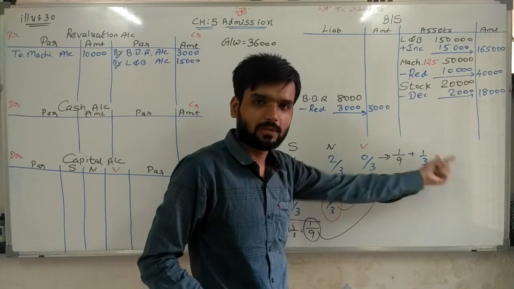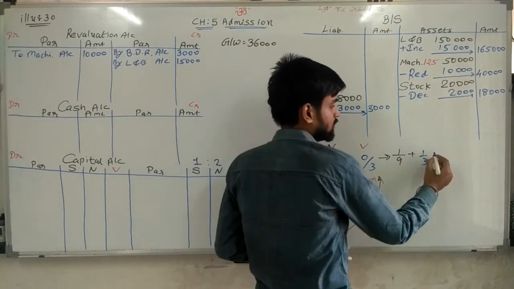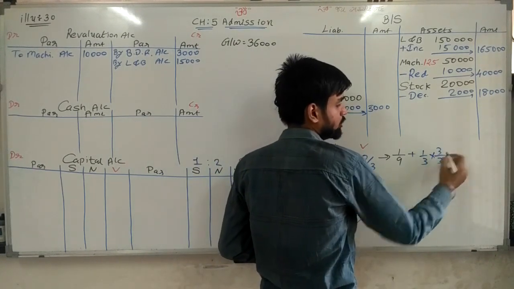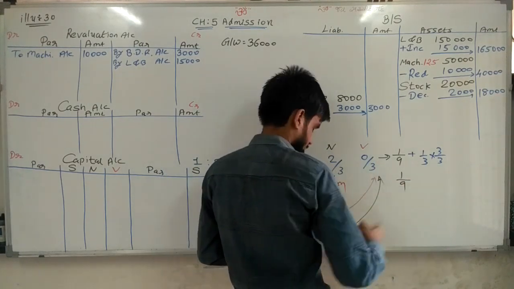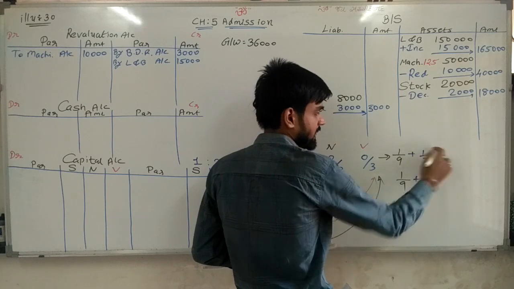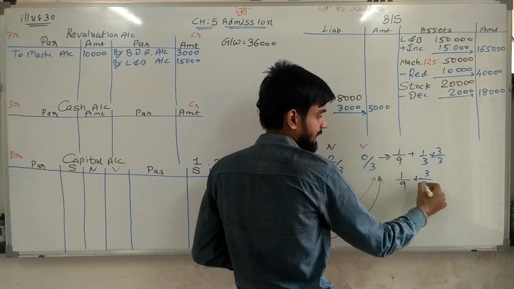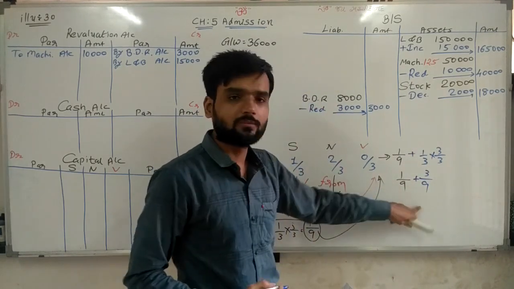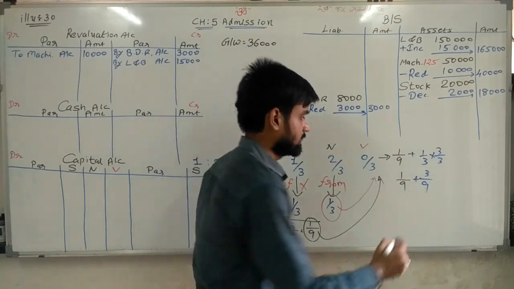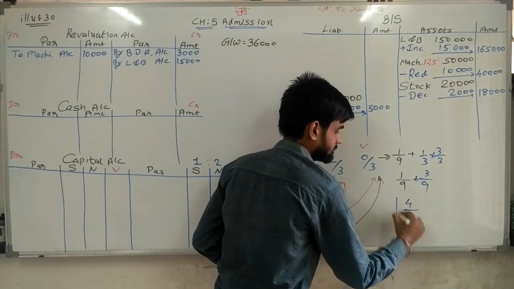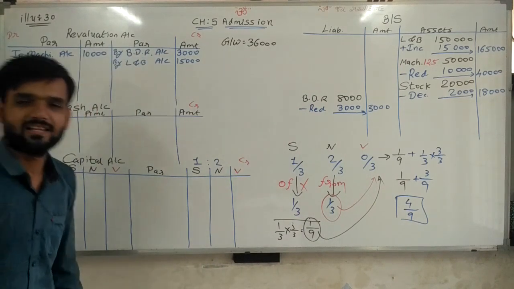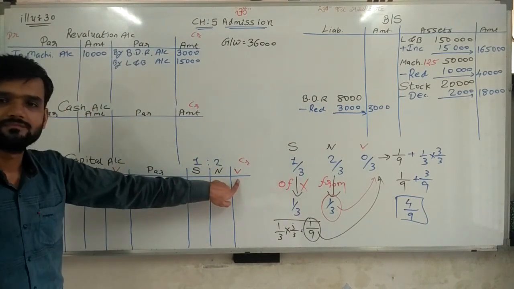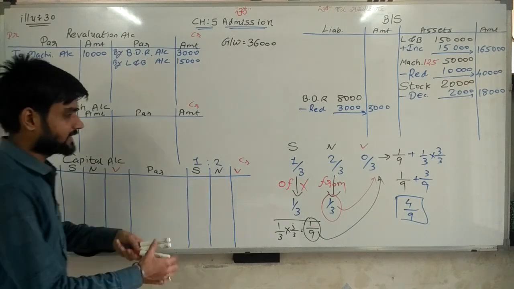Here 3 multiplied with 3, then we get 9. So multiply numerator and denominator both. 1/9 as it is. 3 1s are 3, 3 3s are 9. Now sir, the denominator becomes the same. 1 plus 3, 4/9. This 4/9 is the ratio of Vijay. Now I can write here.